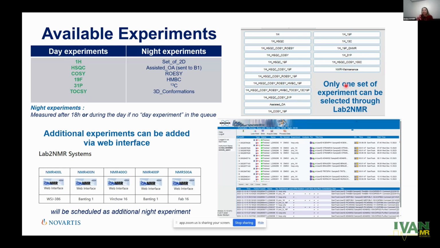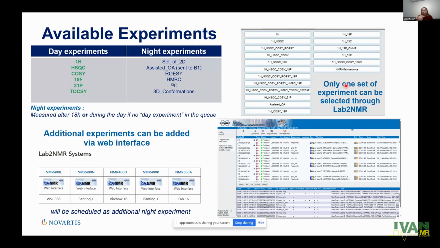Now, once the chemist sends a vial to one of the lab-to-lab systems, you can imagine, if it is outside of the campus and he arrives in the 88 building, you need 50 minutes to reach the spectrometer and add an experiment, because he can say, oh, I asked only for a proton and an HSQC, but then I need an HMBC now.